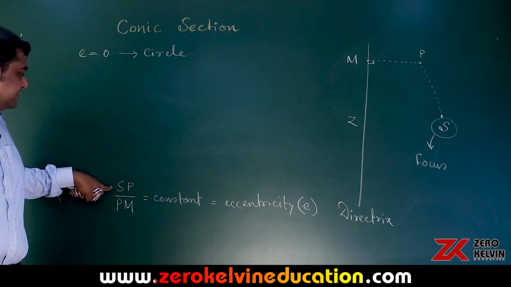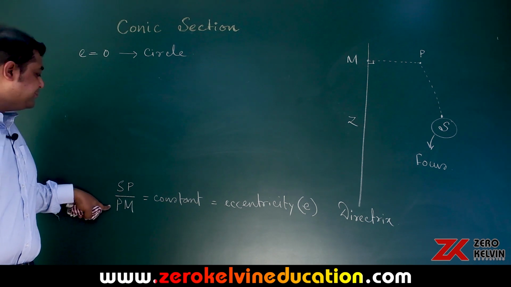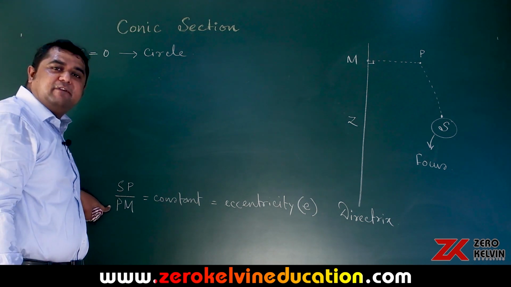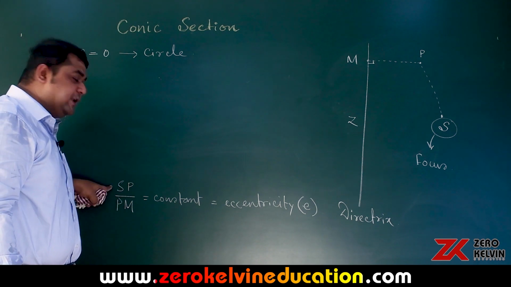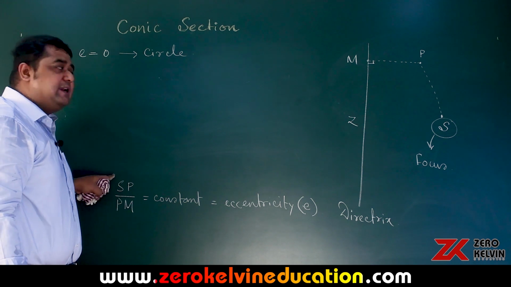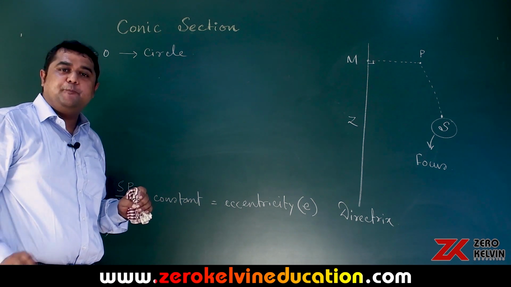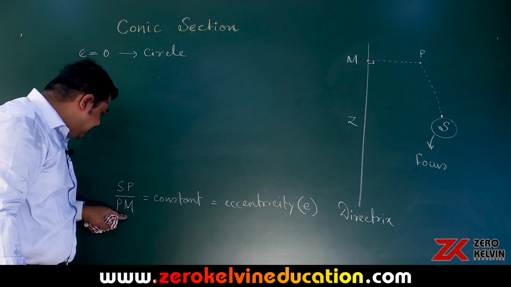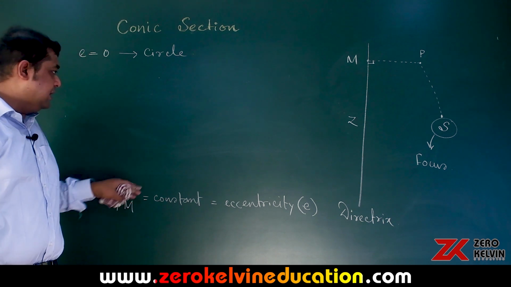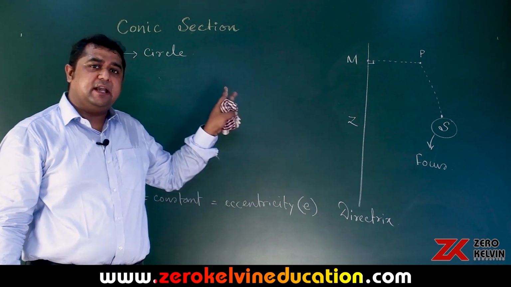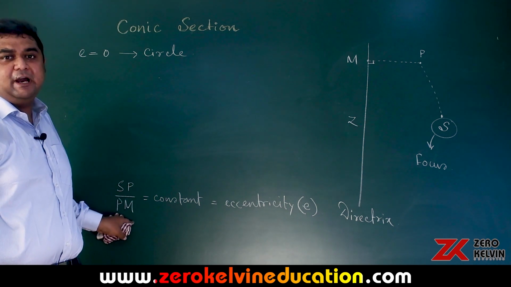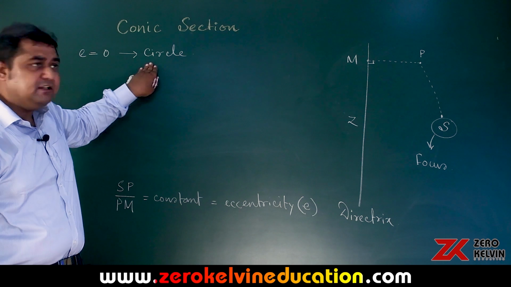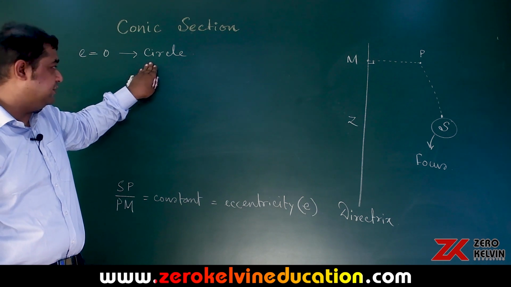First, if we consider SP itself 0 and PM is any non-zero finite value. SP 0 means the whole movement of P will coincide with the point S and in that case it will describe a point circle. And on that particular occasion, ZM can be considered as any line not passing through S, generating PM as a non-zero finite value. So, that is a possibility of generating a point circle.